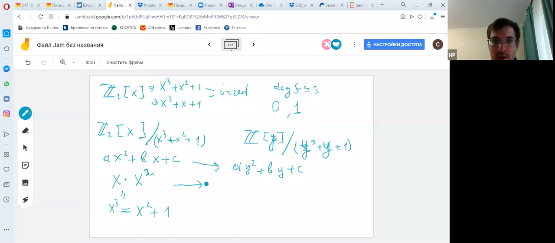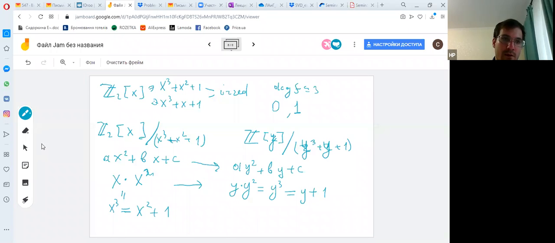And here, if I say y multiplied by y squared, then I obtain y to the third, and here I divide by this polynomial and obtain the remainder y plus 1.